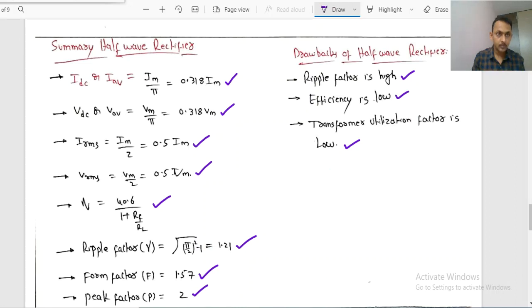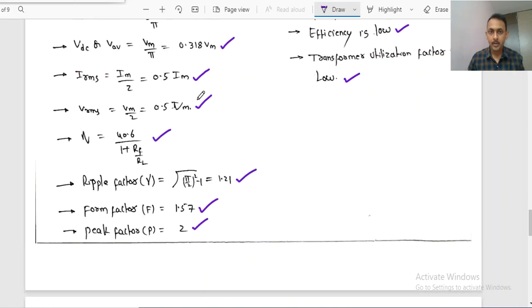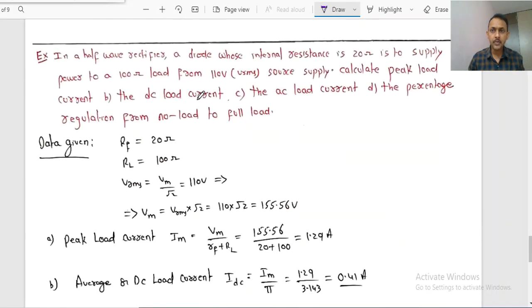Yeah. So this is the summary with respect to the half wave rectifier. Now let me discuss one example on this topic so that we will understand the calculation part, right?